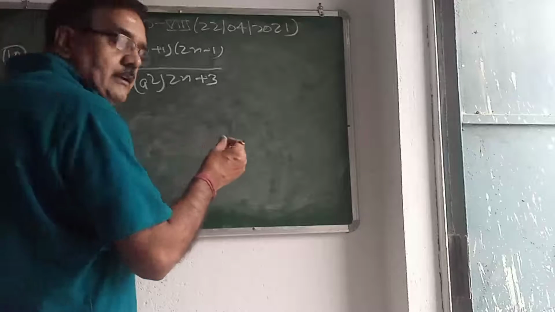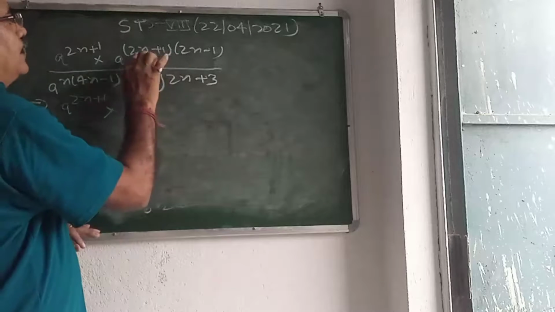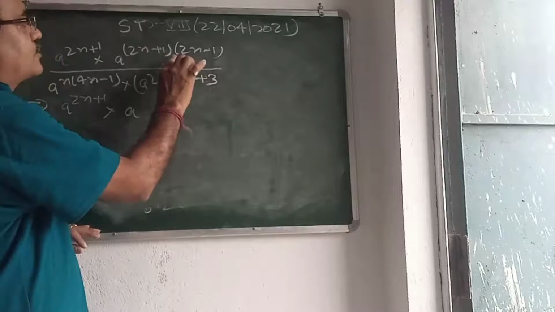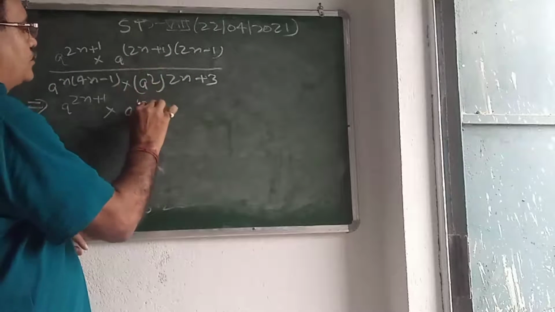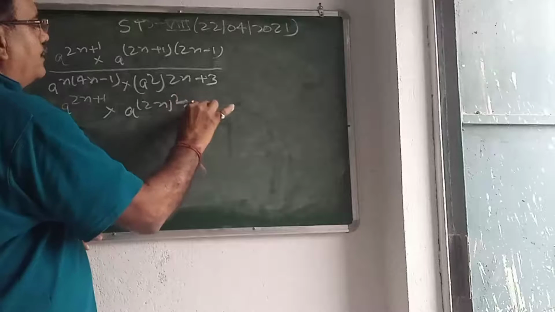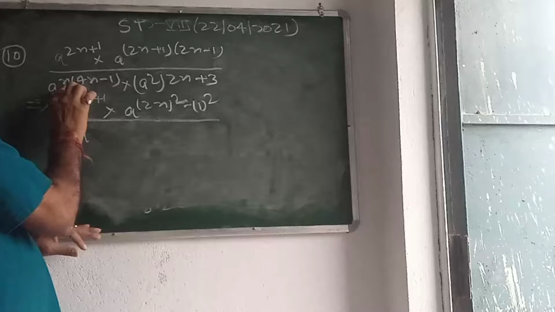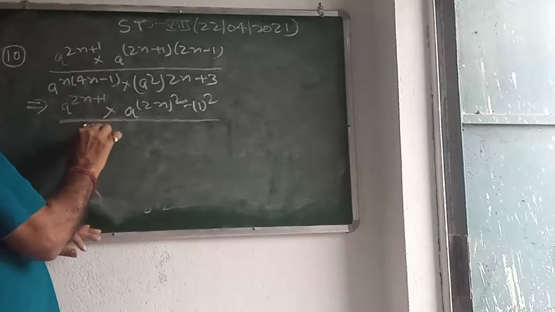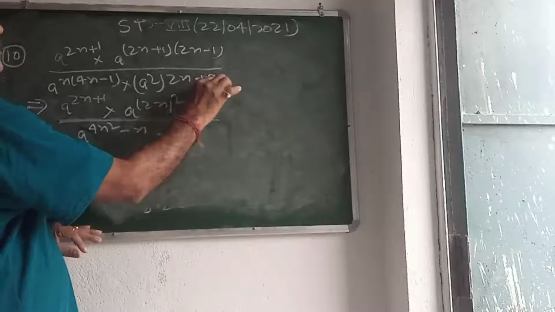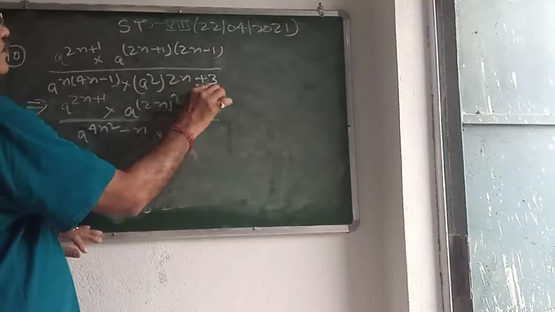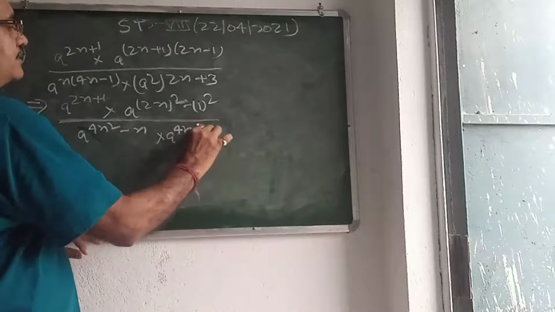What do we write? In place of a there is 2n, in place of b there is 1. So a square means (2n) square minus 1 square, divided by a to the power 4n square minus n, into this power will be multiplied by 2, a to the power 4n plus 6.